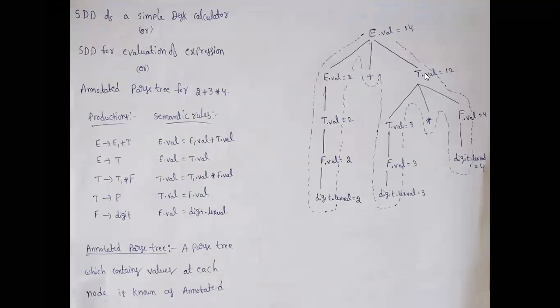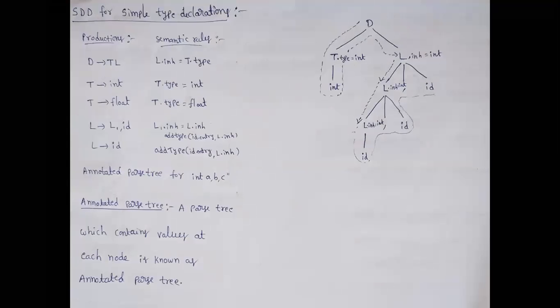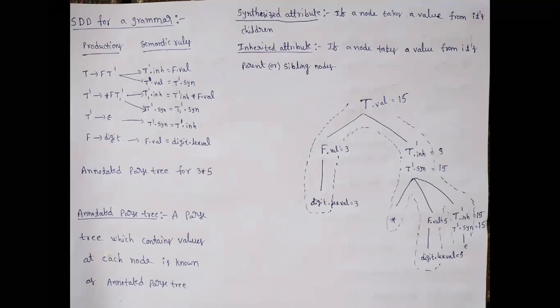This is the reduction: the production, and the corresponding semantic action. Finally T dot value is equal to T dash dot synthesized, that is 15.